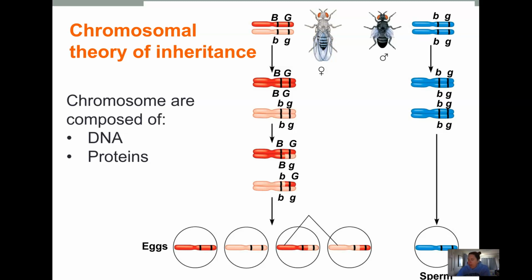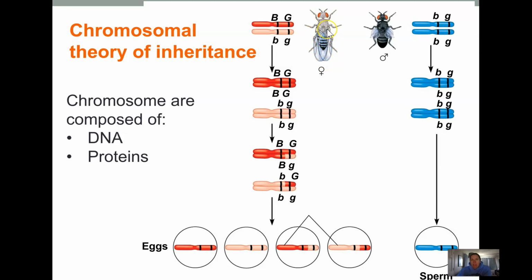So here we have two flies, a female fly and a male fly. And you can see that there are two obvious physical differences in these flies, in the coloration of each fly and the wing type of each fly. So let's just say that the B allele determines the color of the fly, where the G allele determines the wing shape.